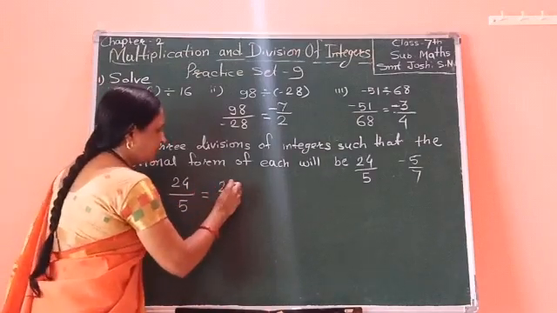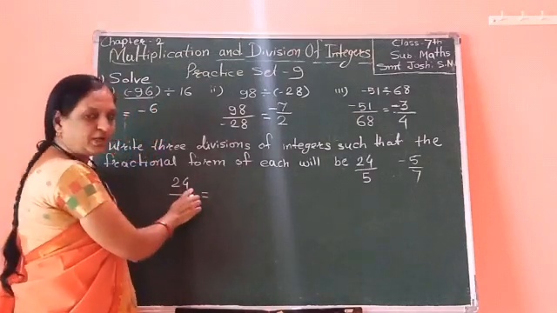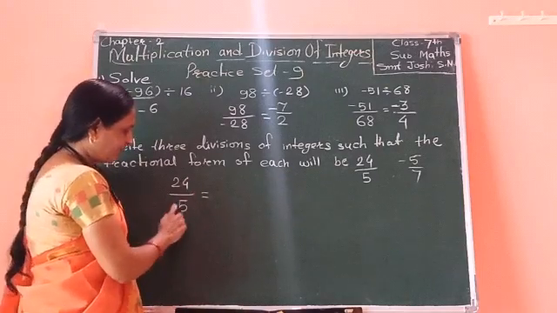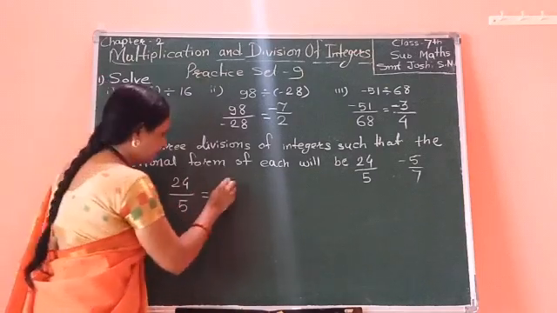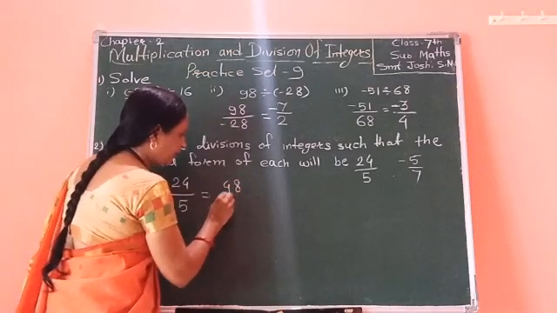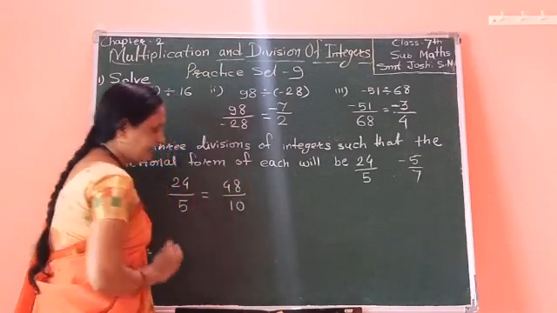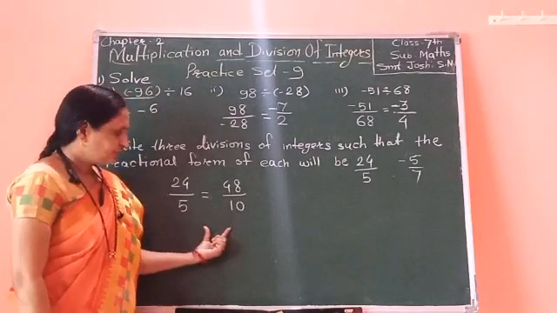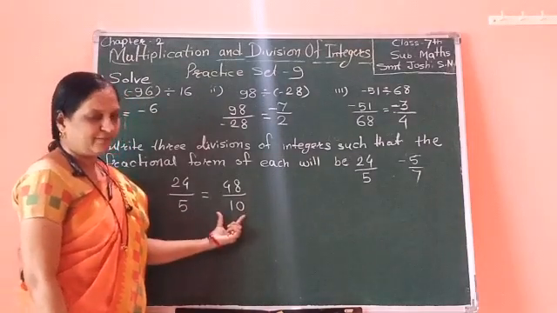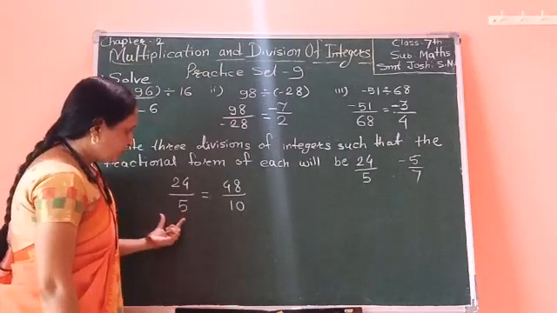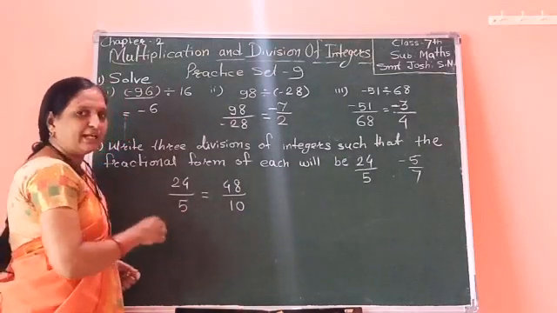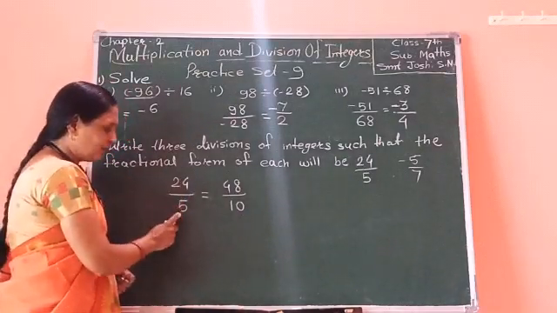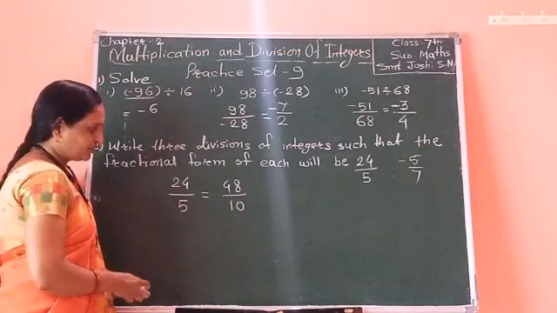First, 24 into 2 and 5 into 2, we get 48/10. These are equivalent fractions. We have to write equivalent fractions of 24/5.